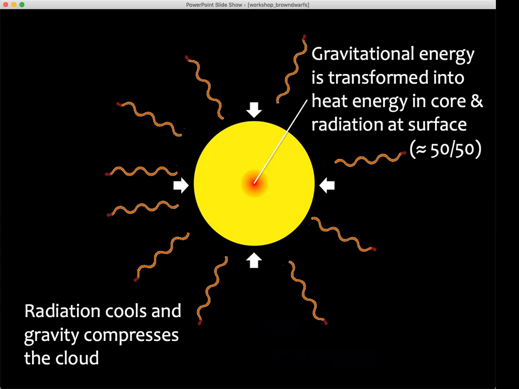And just like if I take my keys and drop them to the ground, they pick up energy, and when they hit the ground, they make a sound. The stars aren't making a sound when they collapse, but they are converting the infall of energy, the transformation of gravitational potential energy into kinetic energy into heat. About half of that heat goes into heating the inside of the star, and about half is just radiated away.